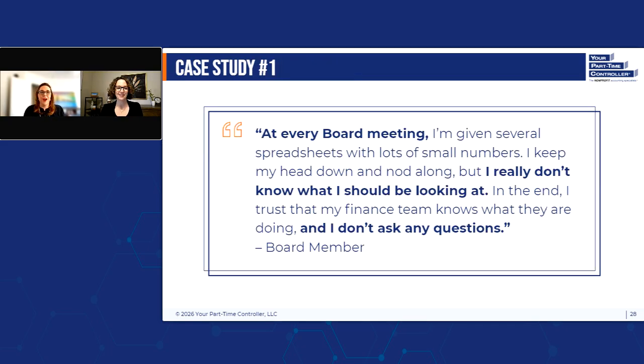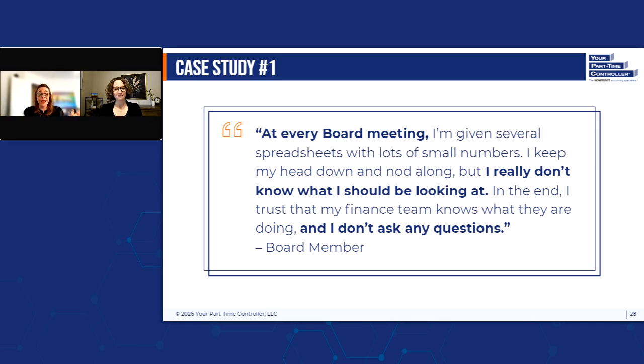Awesome. All right, so here's my first issue. At every board meeting, I am given so many spreadsheets, and they're all these itty bitty, teeny tiny numbers. And quite honestly, I just put my head down and nod along in the conversation, because I really have no idea what I should be focused on.